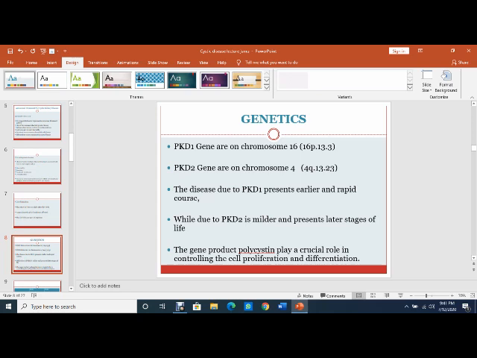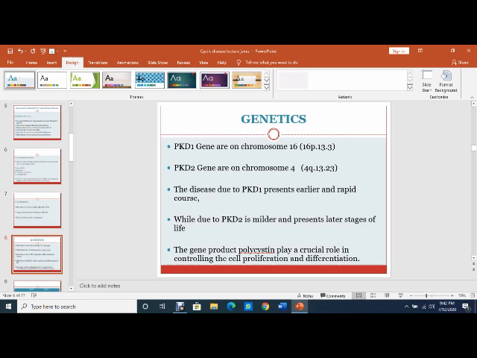The disease due to PKD1 presents earlier and has a rapid course, while PKD2 is milder and presents at later stages of life. The gene product, polycystin, plays a very important role in controlling cell proliferation and differentiation.